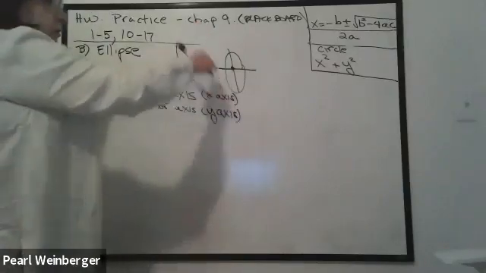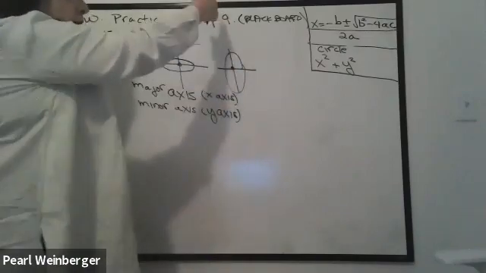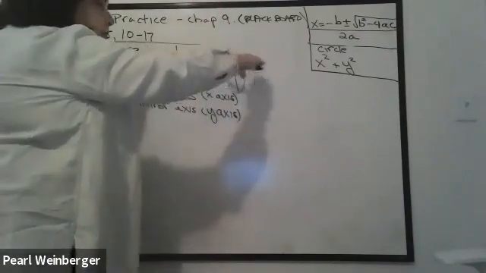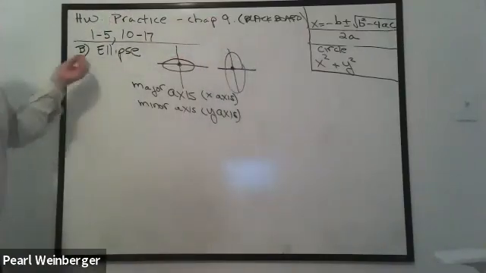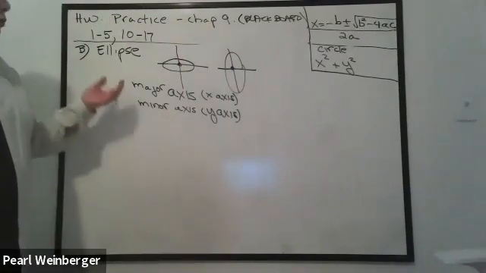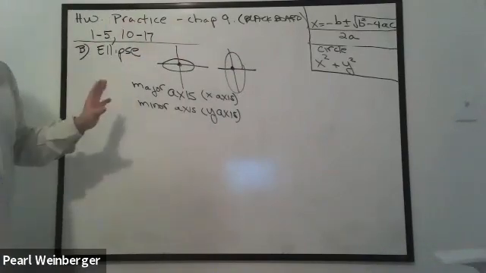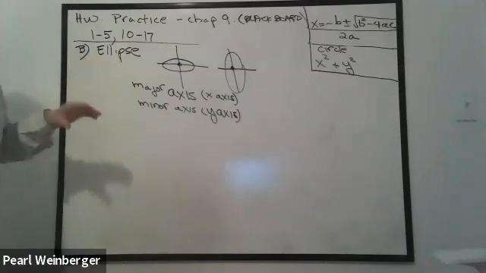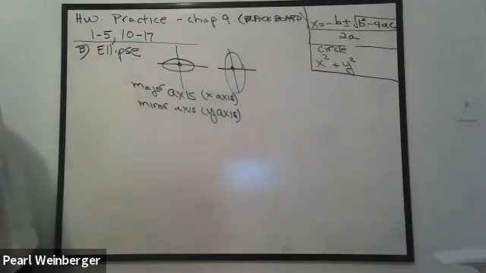On this one, the major axis is the vertical one, the one along the y-axis, and the minor axis is the one along the x-axis. So the longer one becomes the major axis, the shorter one is the minor axis. We're going to show how to graph an ellipse and also how to figure out what the axes are equal to.